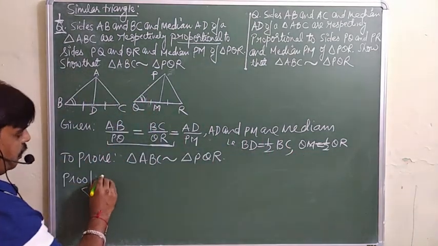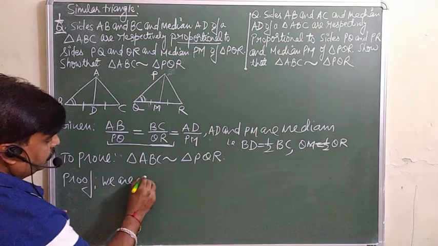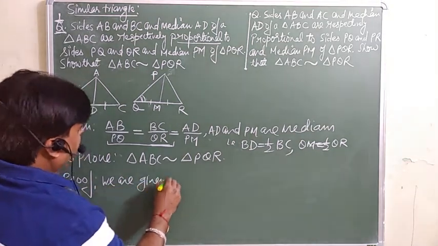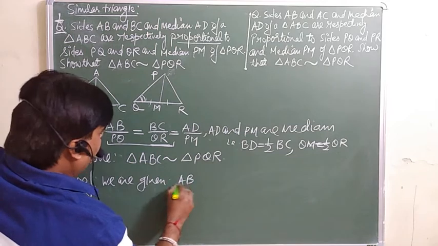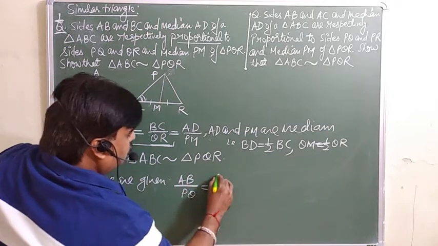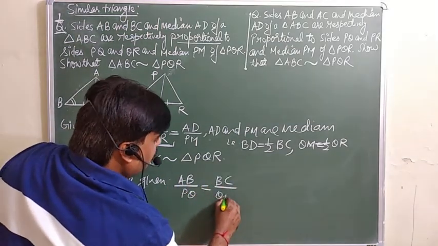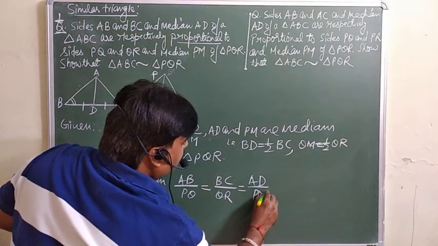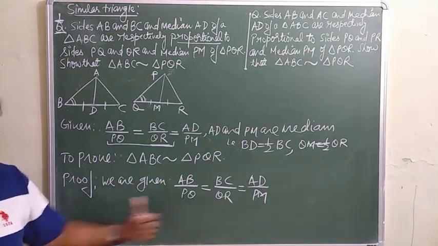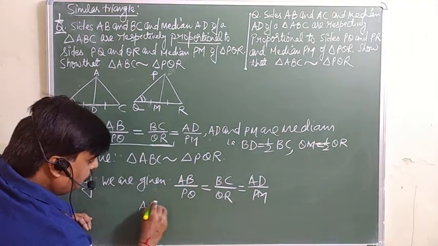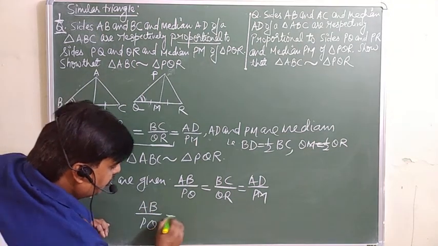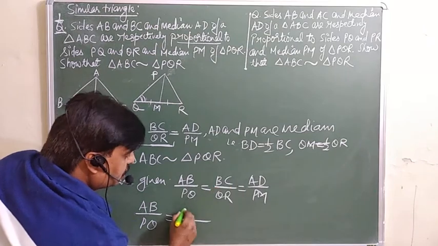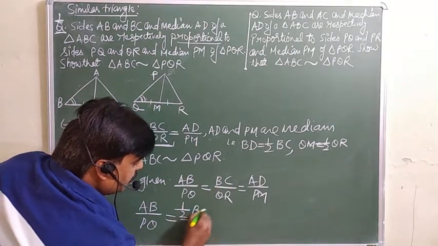So now we are given AB over PQ is equal to BC over QR is equal to AD over PM. This is already given. One operation we can do: the same operation in numerator and denominator. We can divide BC by 2 as well as QR.